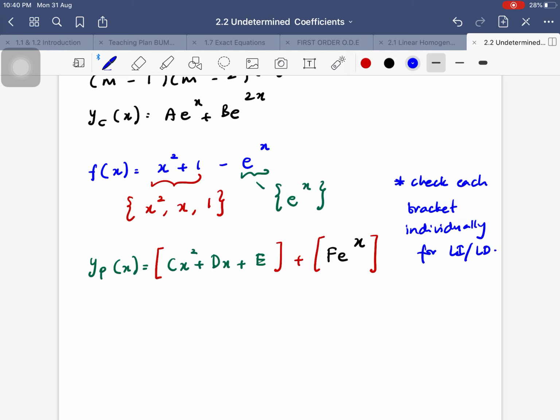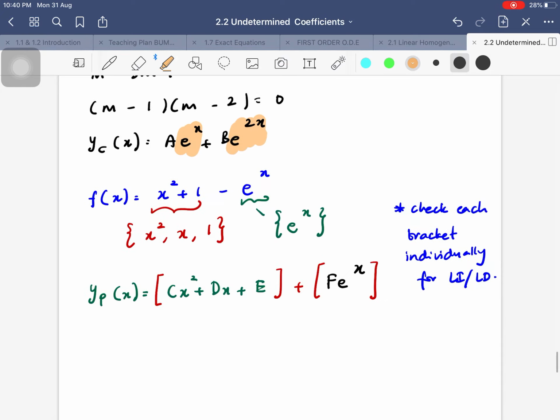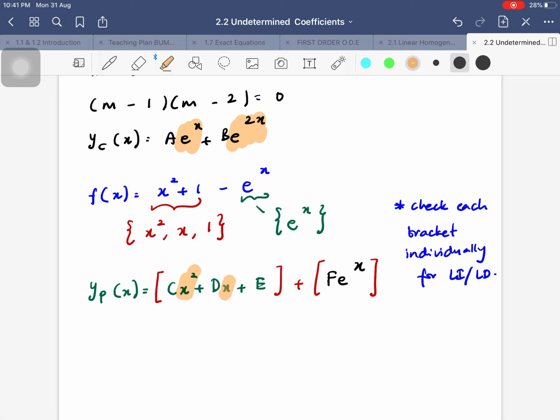Here, when I check for linear dependency, for the case of yc, when I drop a and b, my functions are exponential of x and exponential of 2x. And when I check with the polynomial, there should be no problem, because my functions are simply x squared, x, and also 1. None of them are the same, so they are linearly independent.